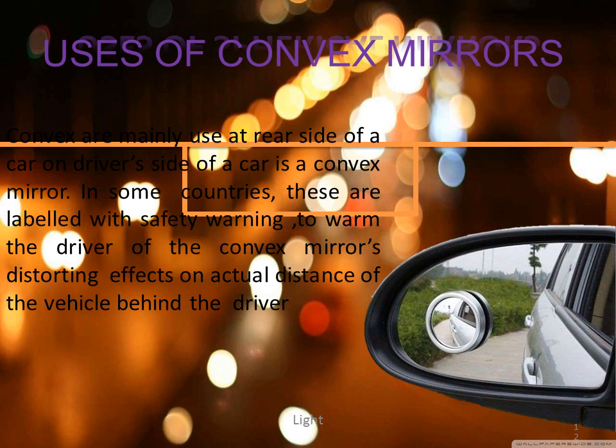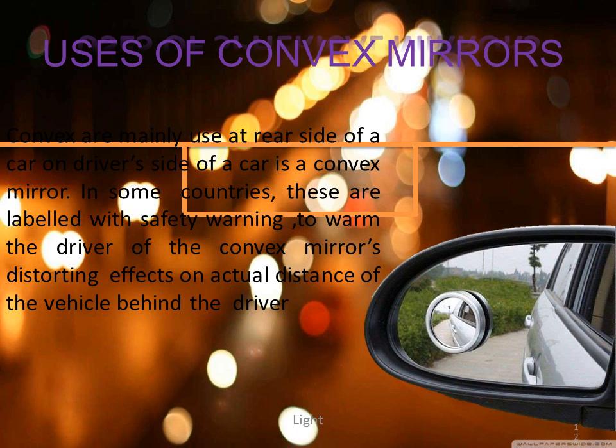That means the vehicle seen in the mirror is actually not so far. It can be seen nearer, so that you can make way or stop the car according to the distance of the car behind you.